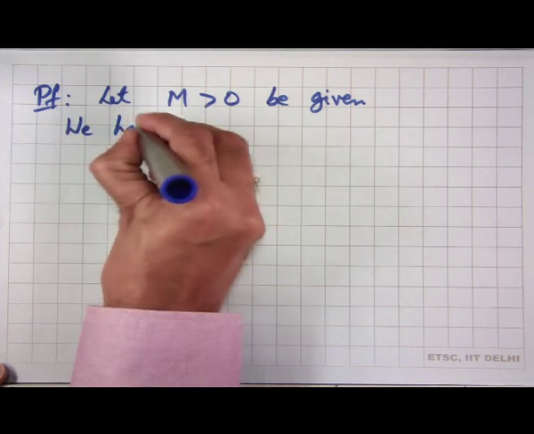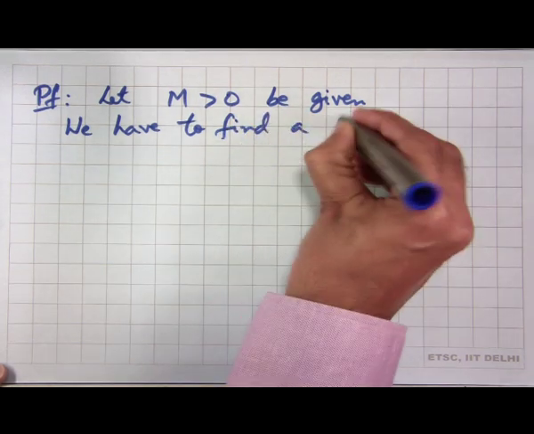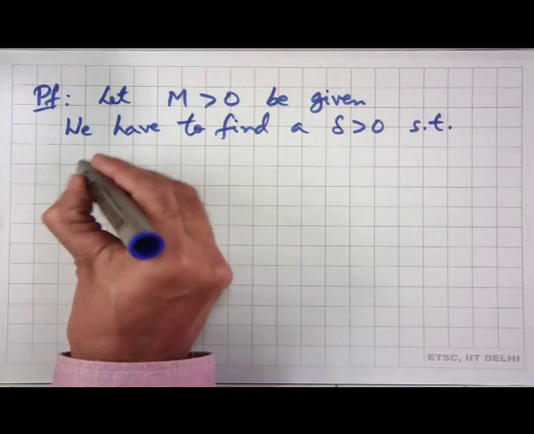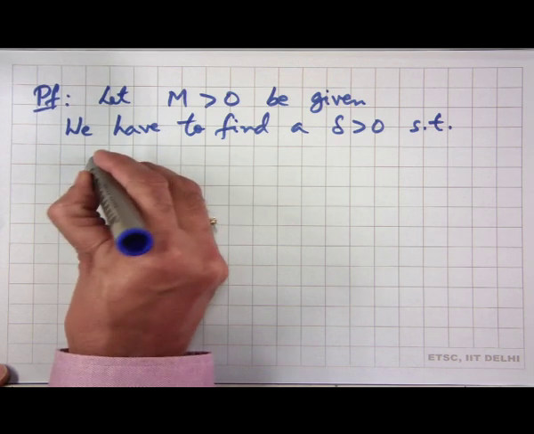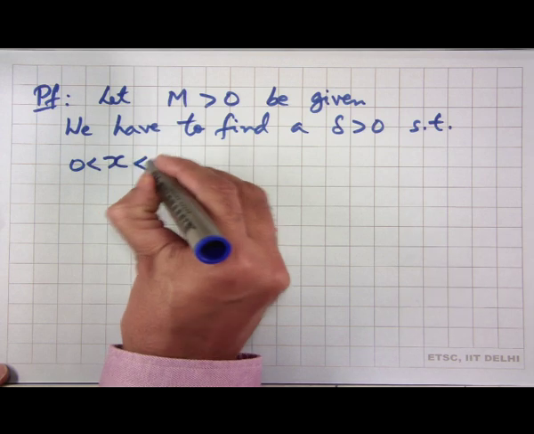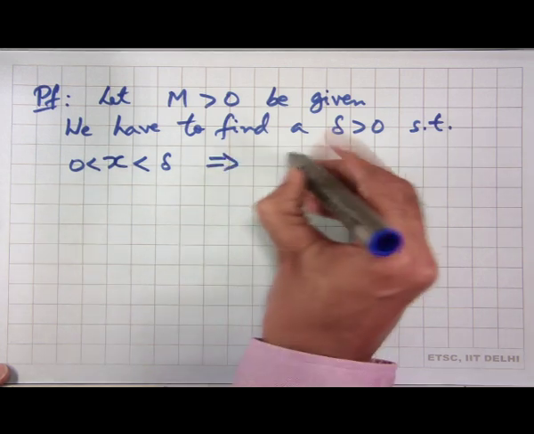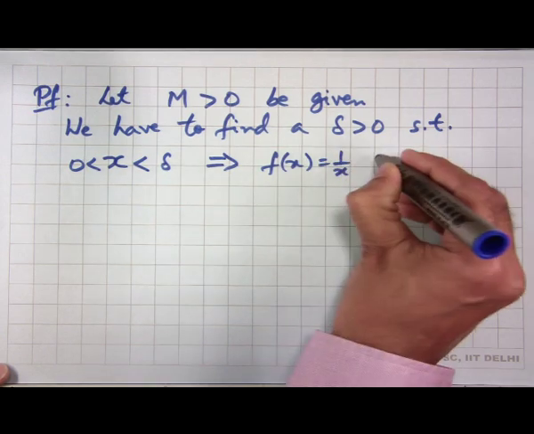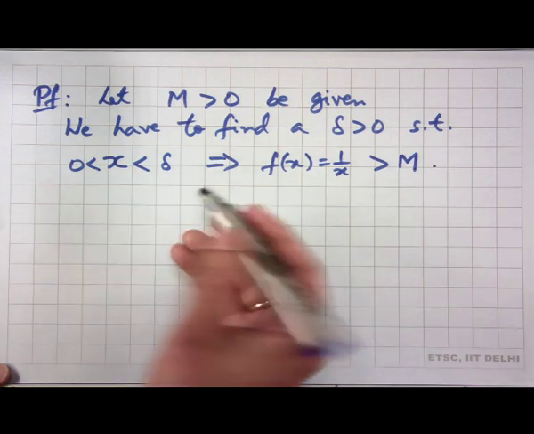We have to find a delta positive such that if x is greater than 0 and less than delta, this should imply f of x equal to 1 by x is greater than m. So, what should be delta here?